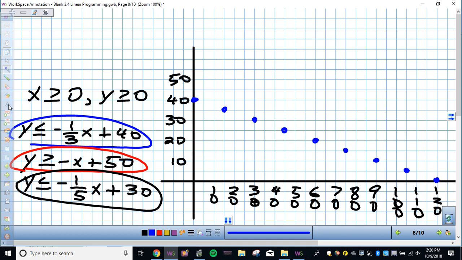It's helpful if you're a little weaker on your calculator skills to count these down till the lines cross, till it hits the x-axis, all that kind of thing, because then you don't have to mess around with the graphing calculator. I'm going to graph this red line here, starting at 50, and go down 1, right 1.